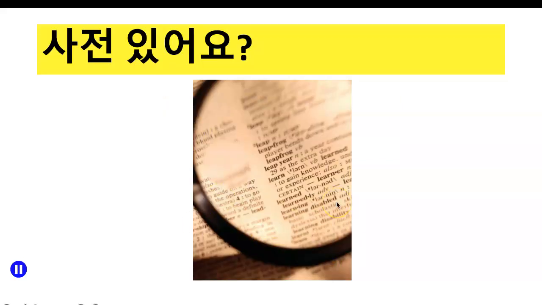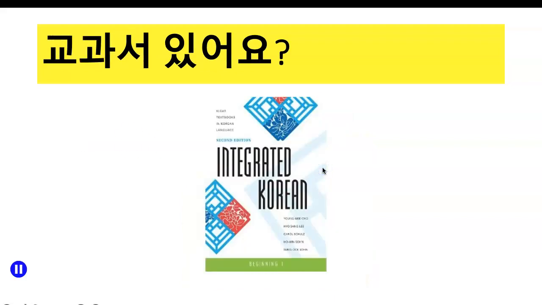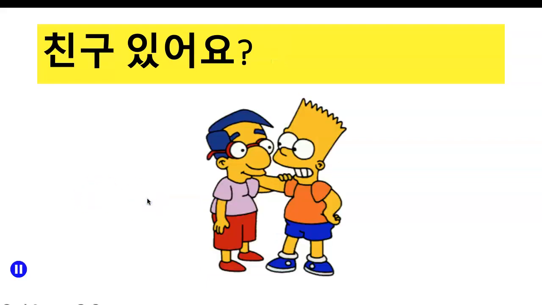Okay, I just want to ask a few questions. 사전 있어요? or 사전이 있어요? That means, do you have a dictionary with you? 사전, dictionary. 우산 있어요? Do you have an umbrella with you? 우산이 있어요? 교과서 있어요? Do you have the textbook with you? 교과서가 있어요? 친구 있어요?